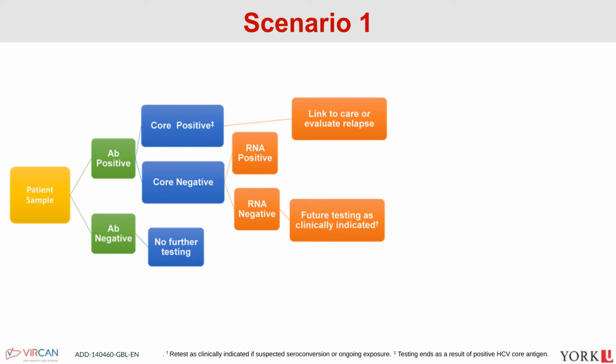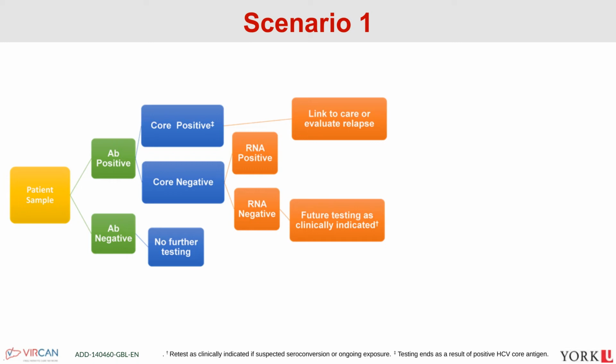As I mentioned, you might consider retesting them in 6 months if they have active risk factors. But after an antibody positive test, moving on to a core antigen test. And so if core positive, we know they're actively infected, linked to care, or maybe they've been treated and we're actually evaluating for viral relapse or treatment failure.